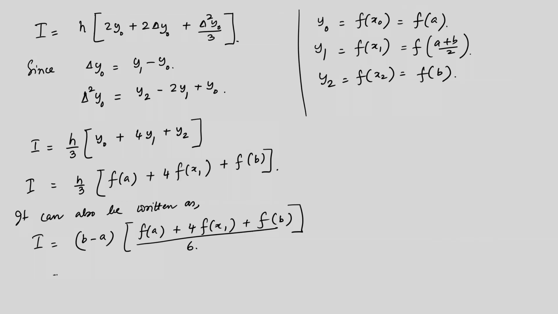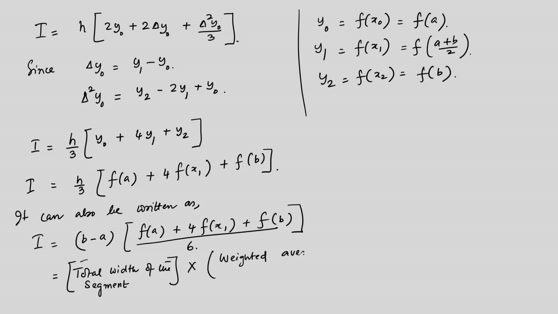So, this is the total width of the segment, and you multiply it by the weighted average of heights f a, f x 1, f b.